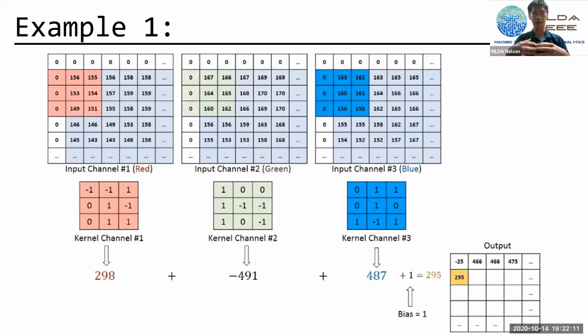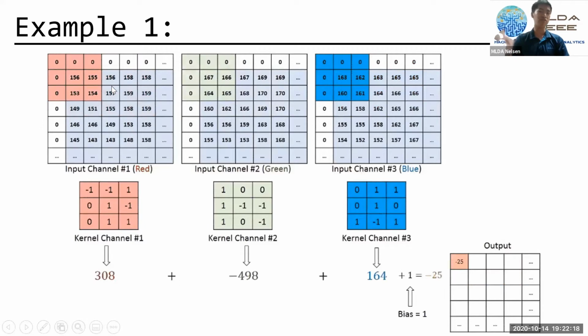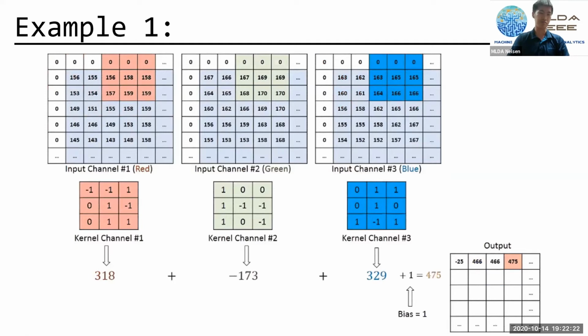So if you have a 3 by 3 matrix, then the input will be multiplied every time, and it will shift 1 to the right, and after it shifts to the end, it will go to the next row and do the same kind of thing. So that's basically the basics of convolution. And if you see on the screen, there's this term called kernel and bias and all this stuff.